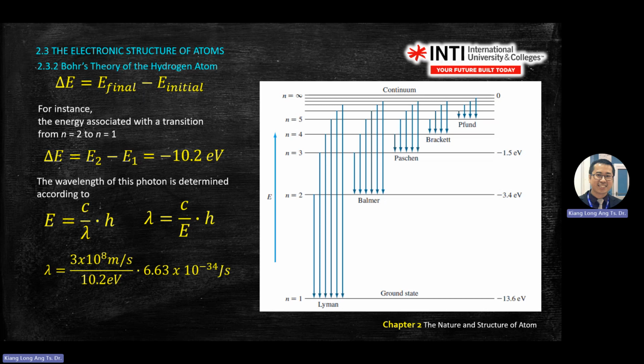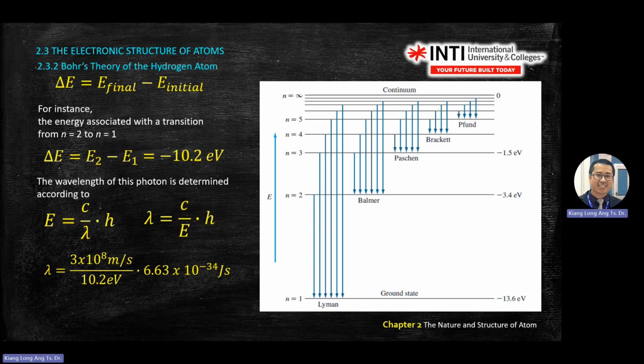You substitute the value again. Speed of light, we already assume you know. So lambda, you substitute. Energy is here, and then you substitute. This one, the E here, we take the magnitude. Lambda doesn't have a negative value.